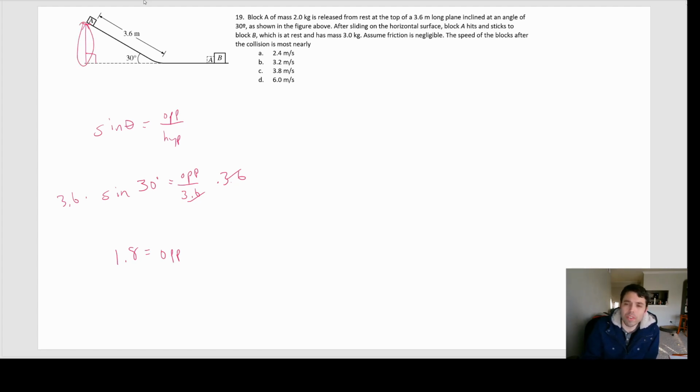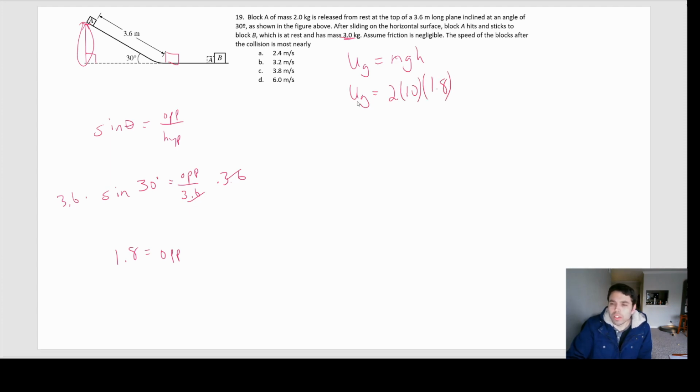So how much energy do I have initially? Well, I have gravitational potential energy initially, and it's equal to mgh. All right, so we'll plug in the numbers here to find out how much gravitational potential energy we have. So U_G will equal m, which was 2, g is 10, and the height was 1.8, we said. So multiply this together, 10 times 1.8 is 18, so 36.